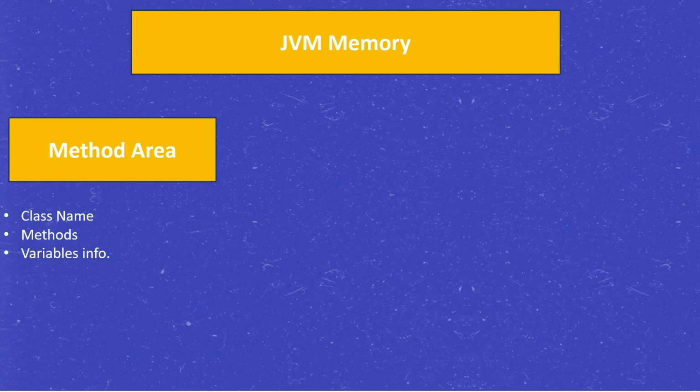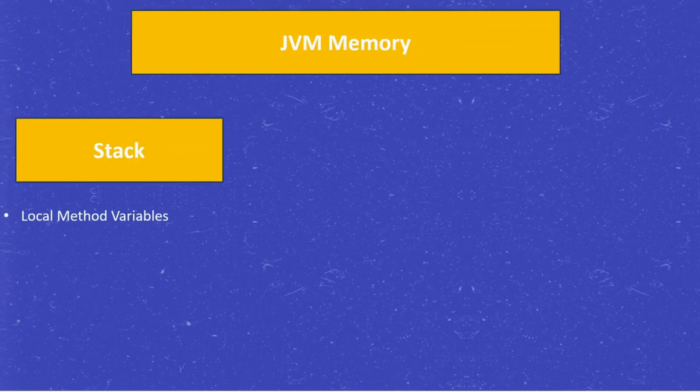Only the information about the classes, methods, and variables is stored. From variables, only the static variables are stored in the method area, and this method area is a shared area.